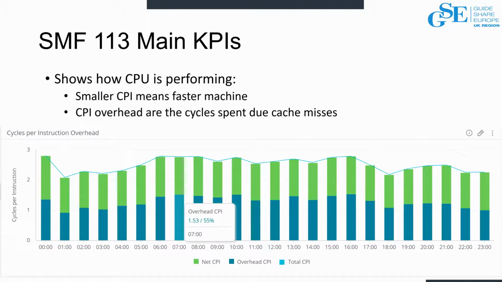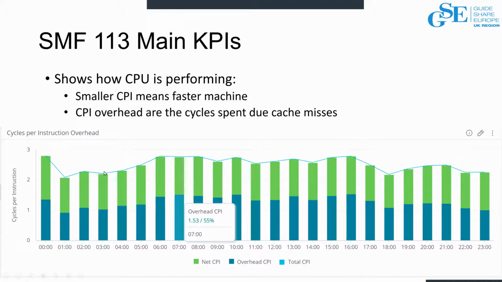Here is an example of how to calculate the CPI overhead. You have the entire CPI on this bar, and part of it is the net CPI, that's the light green, and in the dark green you have the overhead used to access the data from the other cache levels.